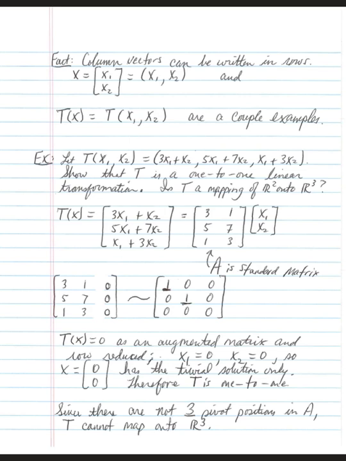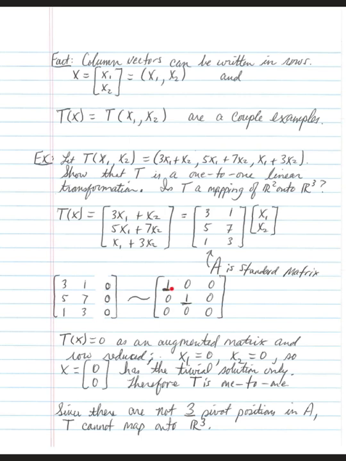Now, we are going to create a homogeneous augmented matrix here. We still have matrix A, which is the coefficients of x1 and x2, and in the last column we're just going to put all zeros. Basically, it's Tx equals 0. All right, so we're going to write that transformation equal to 0 as an augmented matrix and row reduce.